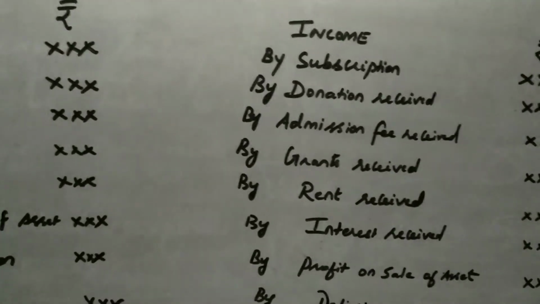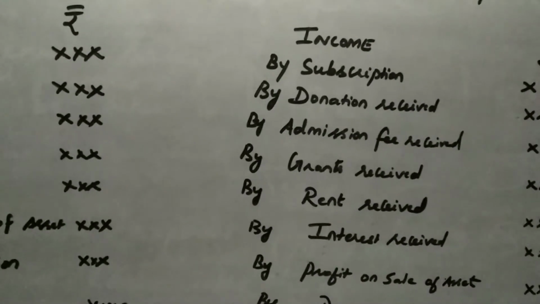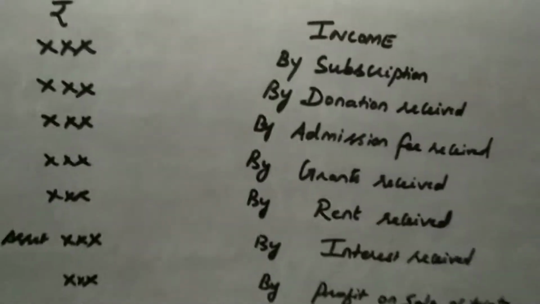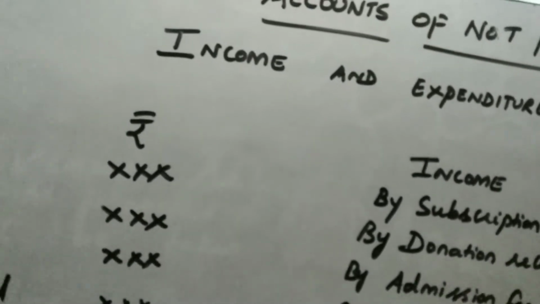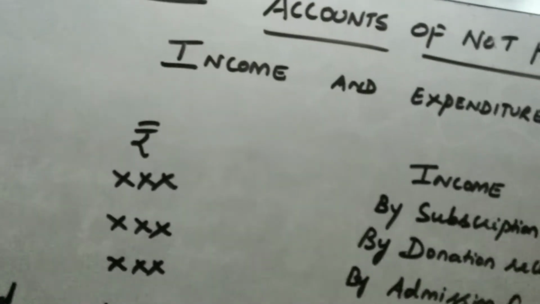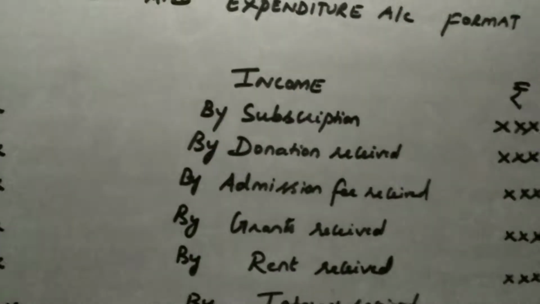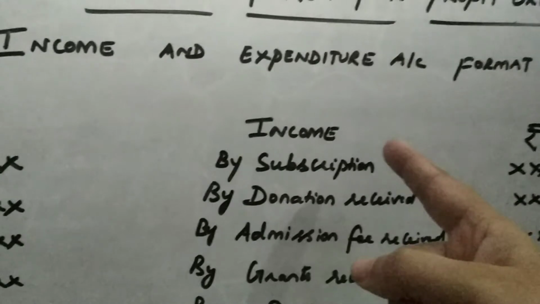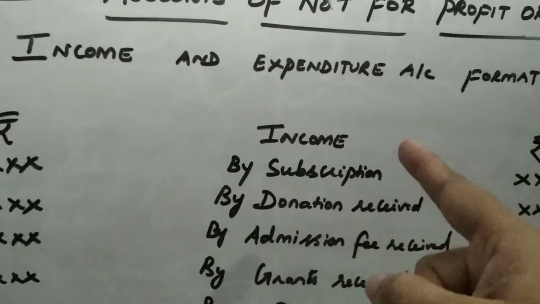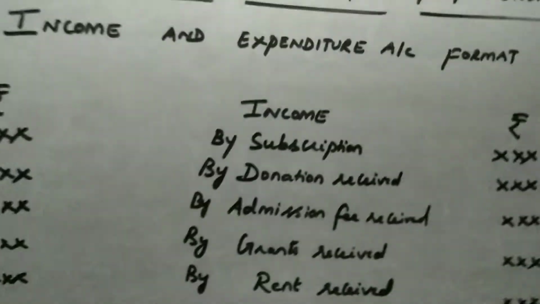Then grants received. If grants are received for the day-to-day maintenance of the organization, it will be treated as a revenue receipt. That's why we are including that in the income and expenditure account.